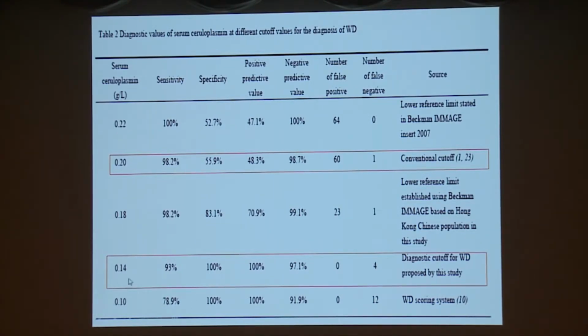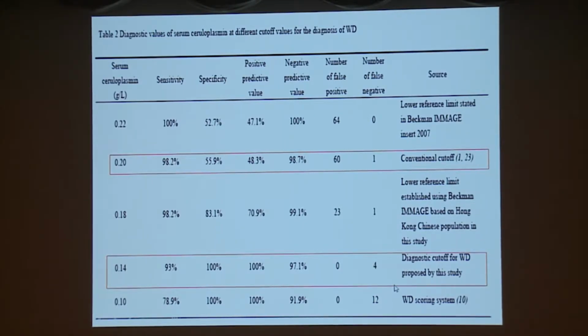But if we are using 0.14, there is no false positive, and there are 4 false negatives. But for these patients, you have other clinical pictures, like they present with liver problems, they have KF rings, or they have high urine copper level as well. So as a whole, you will not miss these 4 subjects in our study.